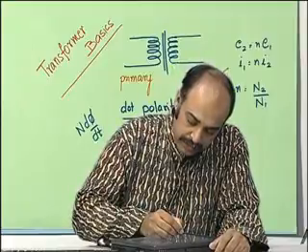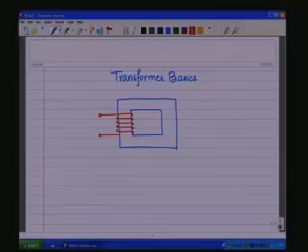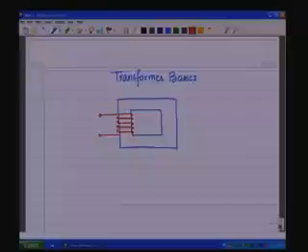So we saw that a transformer consists of a core, and on the core we have some windings.